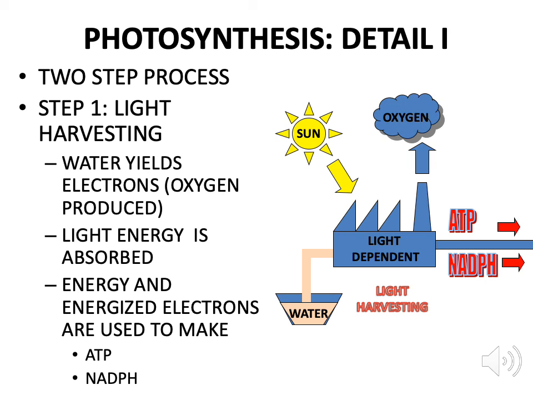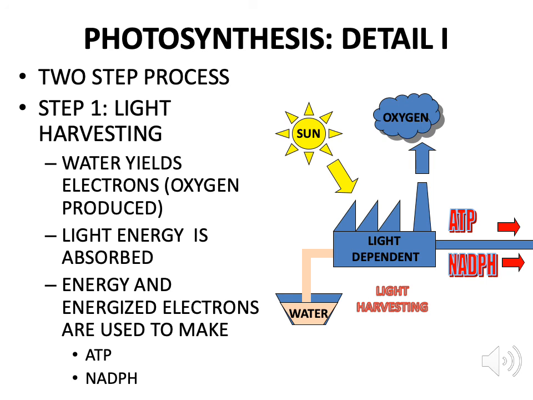So that light energy contained in the sun is going to be used to energize those electrons, and the light energy is absorbed by those pigments that we talked about not too long ago, and we use that light energy to energize those electrons, and those energized electrons are going to be used to make two energy-rich compounds, ATP and NADPH. Now, you'll notice on the far right-hand side of the illustration there that ATP and NADPH are heading somewhere.